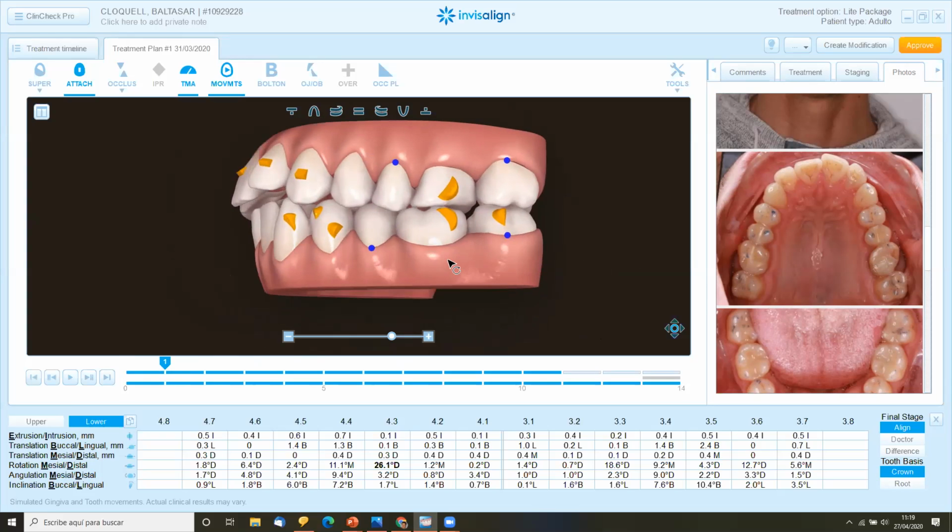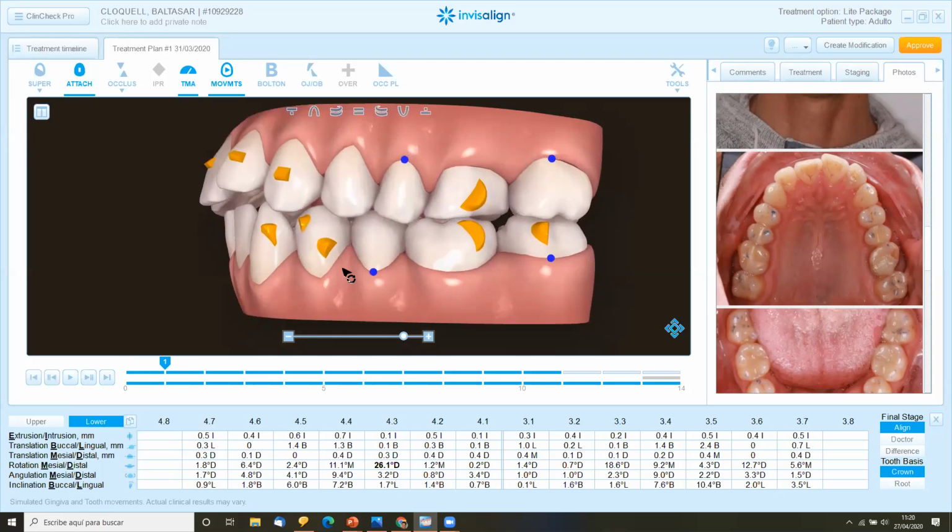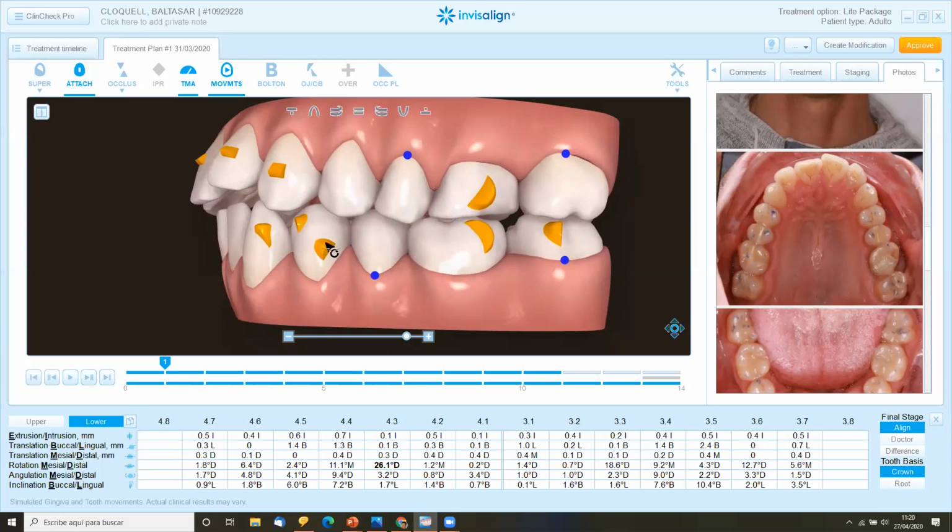But I want you now to think about the difference between the movement of 35 and 34, just to learn a very important thing for me. And for those of you that don't know me, I've been working with Invisalign now for more than 12 years, I think 13 years. So I've been learning a lot of things during those 13 years.